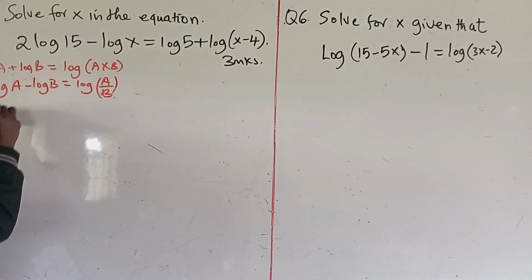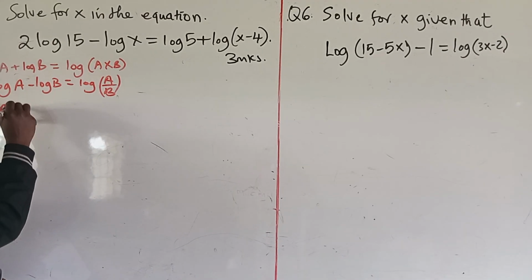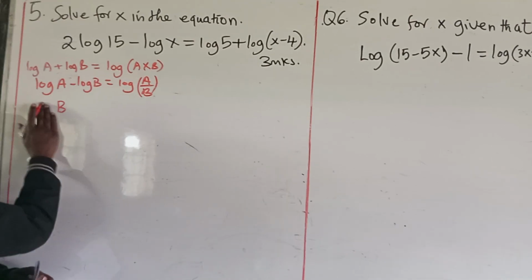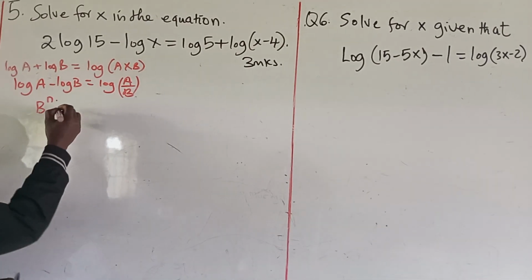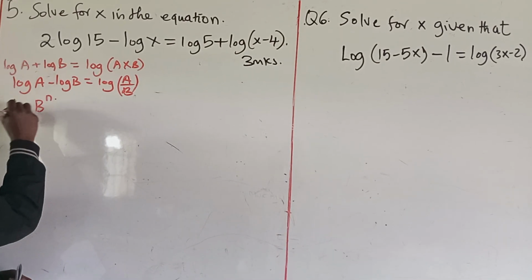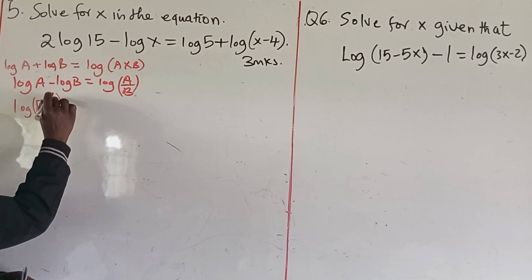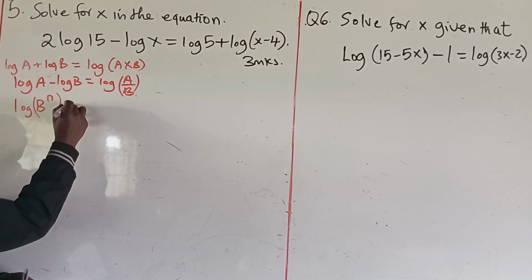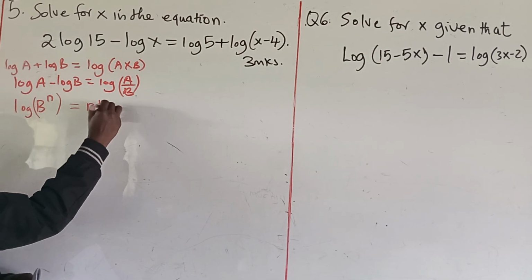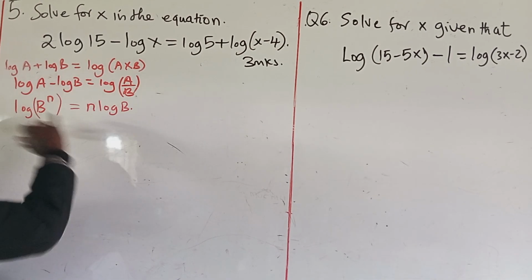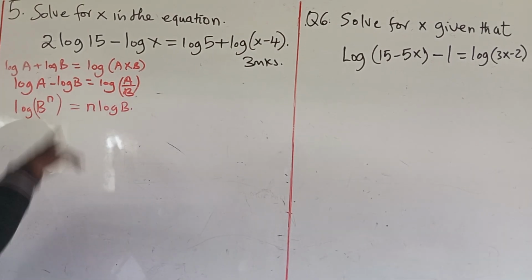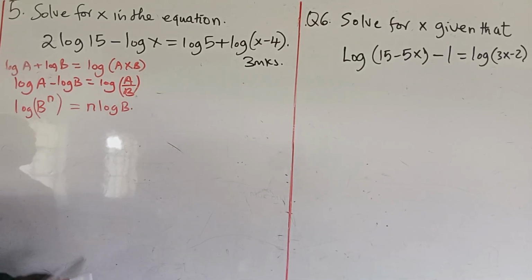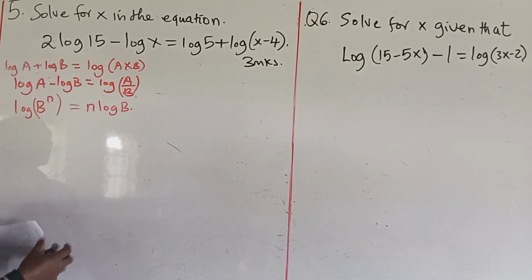And if we have B to power n and you take its logarithm, then we normally say that this index or the power comes in as a multiplier here, n log of b. With this knowledge, we can very easily work this out, and then you look at what is a hidden trick in such kind of question.